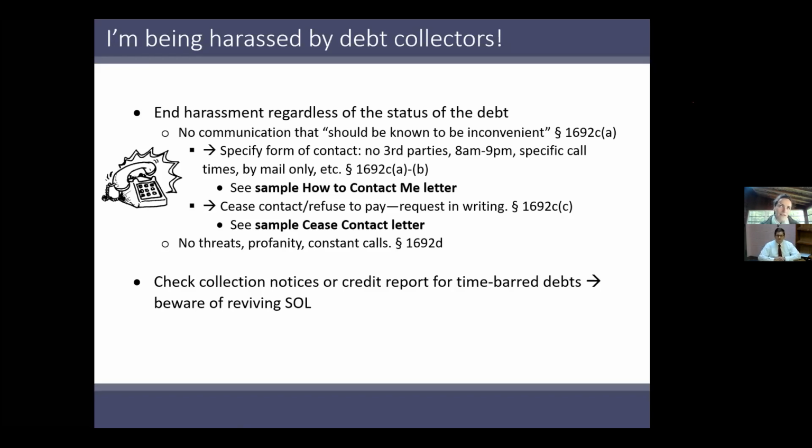And some debt buyers also work as debt collectors for creditors. So sometimes it's not easy to distinguish, but for purposes of how they have to treat you under these laws, debt buyers are considered debt collectors. Thanks, Ryan.